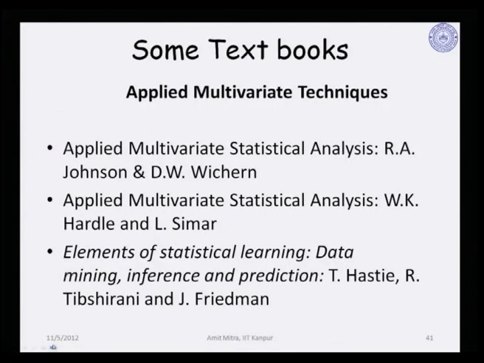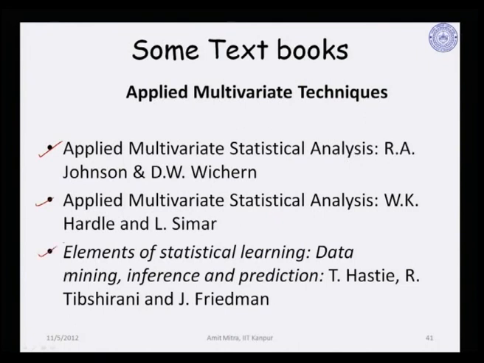When one talks about applied multivariate techniques, there is once again a whole lot of such books available in the literature. Some of the books which I consider to be good textbooks are listed here. Johnson and Wichern's book is also good from an applied multivariate technique point of view. Then we have a nice book by Hardle and Simar on applied multivariate statistical analysis.